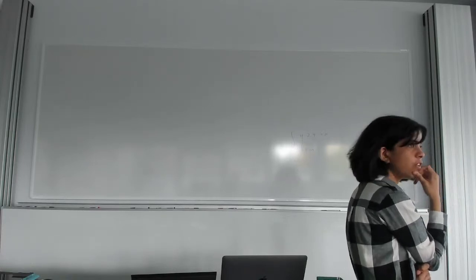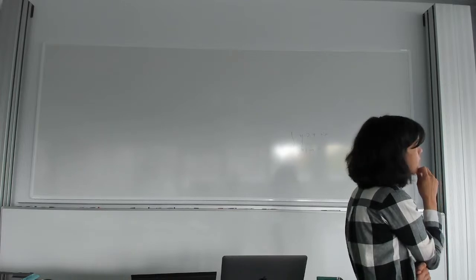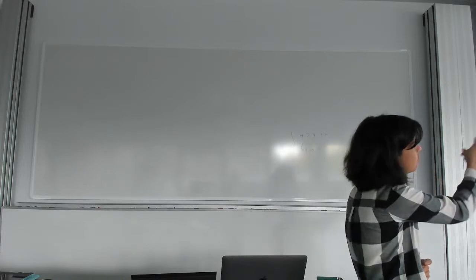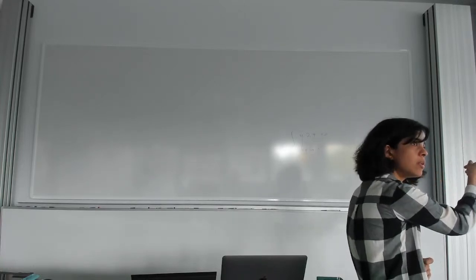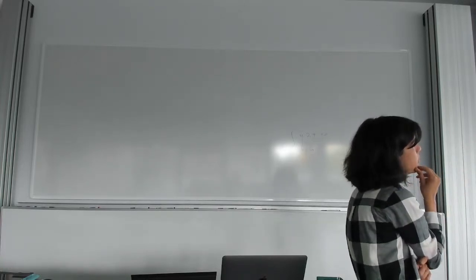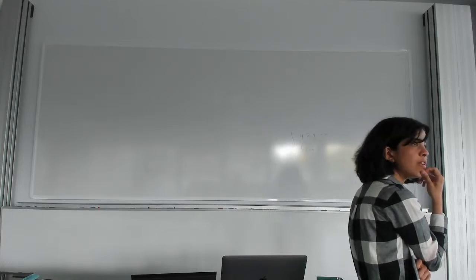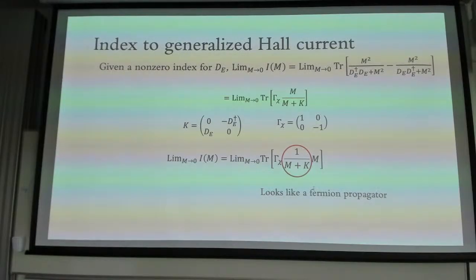Here, in this particular formula where I'm taking m to 0, I need certain conditions on my background field. In general, this index formula works for any m, provided your background fields fall off faster than 1 over r.